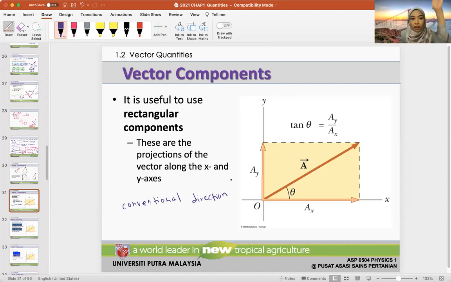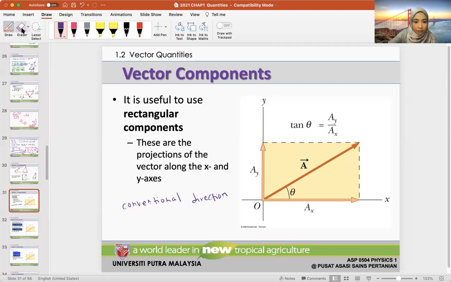X to the right and Y up is positive. X to the left and Y down is negative. That's the conventional direction. But you can actually define your Y to be positive downwards. That's not conventional, but you can. This is the beauty of vectors, actually. But let's stick with the conventional direction first so that we don't confuse anyone here.